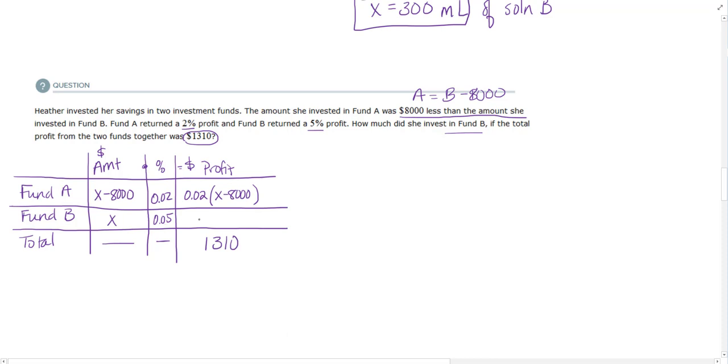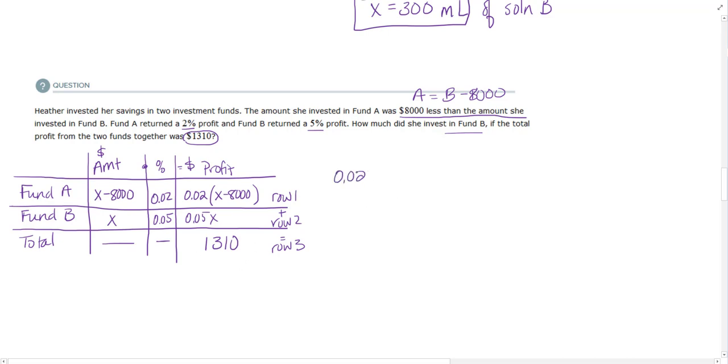And then 0.05x. And so just like the last one, we can write our equation as row 1 plus row 2 is equal to row 3, because we're saying the profit from Fund A plus the profit from Fund B should be the total profit.